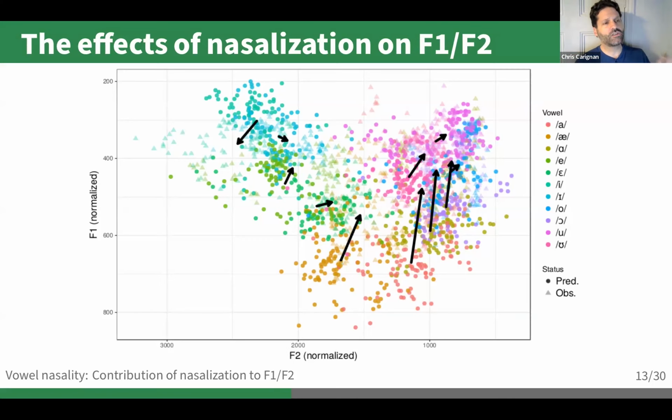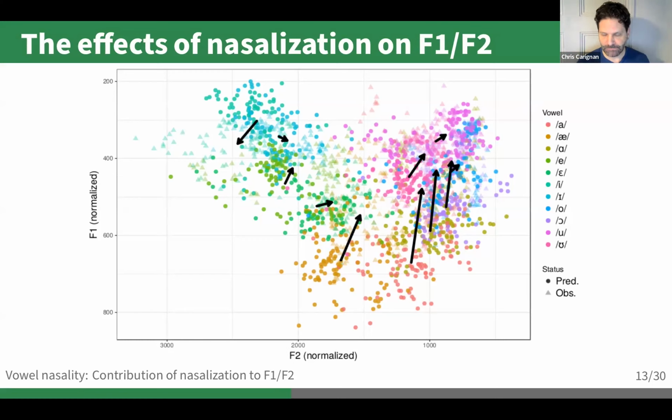The arrow starts at the mean for what the predicted values are, and then points to the mean of the measured values, right? So essentially the arrows are pointing towards the independent effect of velum lowering.